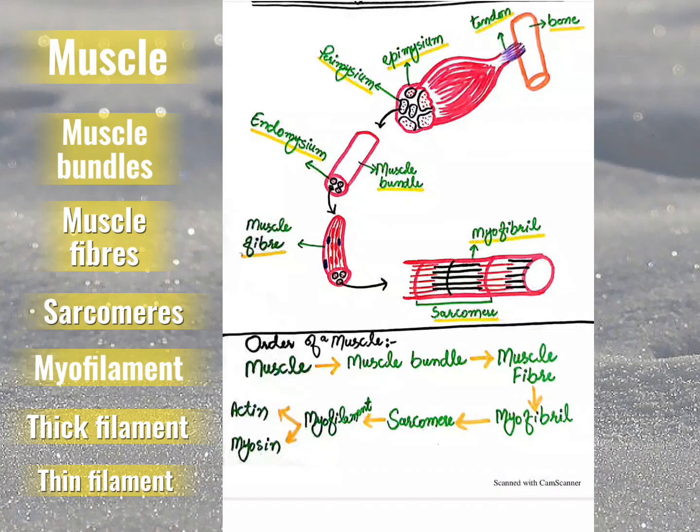These dark and light regions are made of two types of filaments. Those two filaments make the myofilament. So the myofilament has two types, actin and myosin.